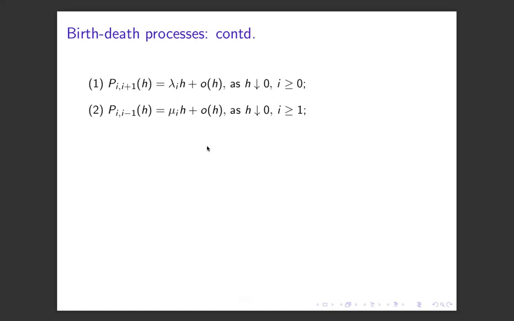In a similar fashion, the probability of reaching i-1 from i in a small span of time, that is one less, is again proportional to the length of that interval, and the proportionality constant is mu_i, which can depend on the state i, plus o(h). Of course, this makes sense only when i is greater than or equal to 1, because if i equals 0, it cannot go below. So that is why it's different.